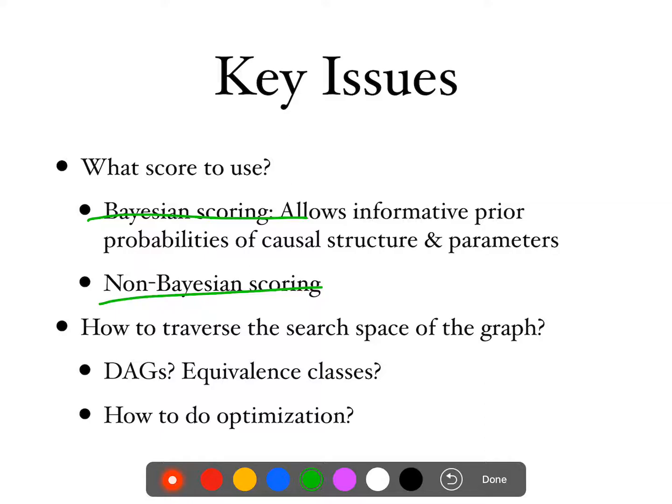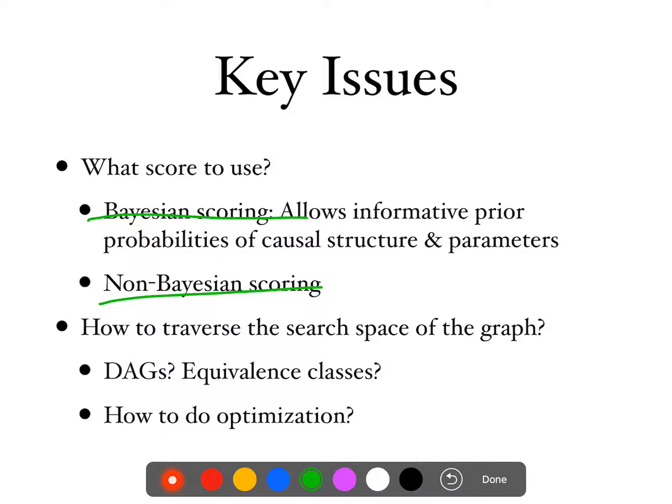The second problem is how to traverse the search space of graphs. You can deal with the space of DAGs or the space of equivalence classes. The latter is much better. Why? Because in the linear Gaussian case, suppose we just have a linear Gaussian model, all variables are jointly Gaussian, and all causal relations are linear. In this case, you cannot determine the direction between two random variables, because you just need to specify the joint distribution.